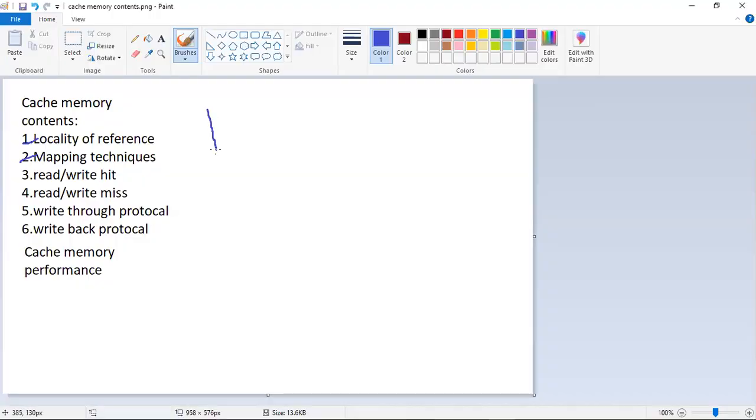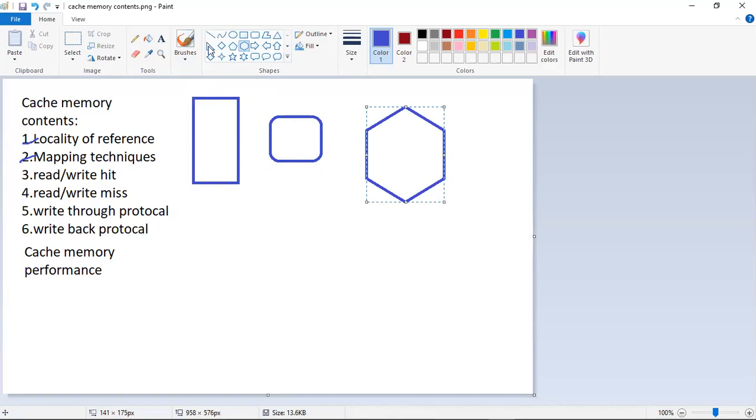I am going to take this one as the CPU, this one as the cache memory, and this one as the main memory. The user is going to ask for a query. Whenever the user tries to access a query from the main memory, what happens?